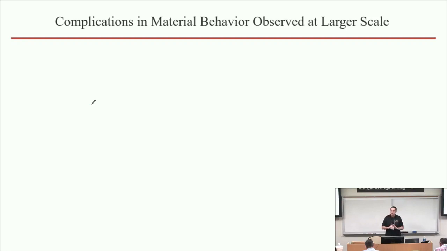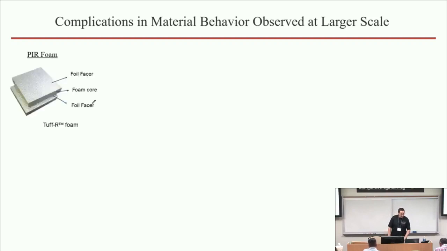Here, I'm going to give you a simple example that we actually experienced in this lab that demonstrates that to a degree. One of the materials that I think I already mentioned briefly, that we studied here, was polyisocyanurate foam.